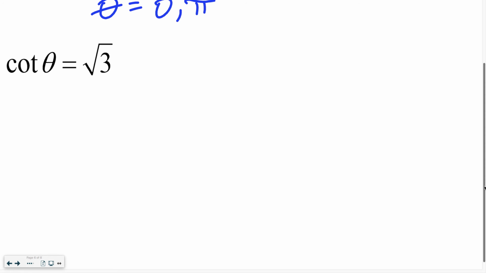Let's talk first about which quadrants our angles are going to come from. So since the cotangent ratio is positive, what are our 2 quadrants? First and third. If we talk about All Students Take Calculus, the tangent ratio is positive in the first and the third, therefore the cotangent ratio is going to be positive in those also.